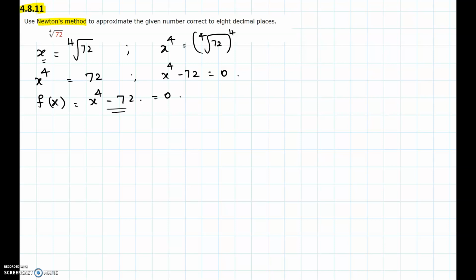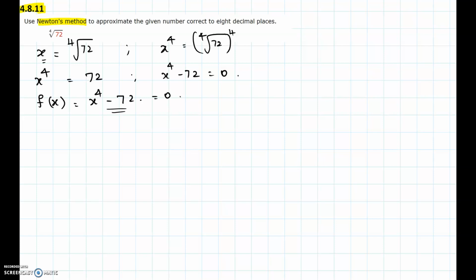In the earlier problem, we were given the first approximation to the root. But in this problem, we are not given the first approximation, but we can guess it. We cannot find the fourth root of 72 exactly.